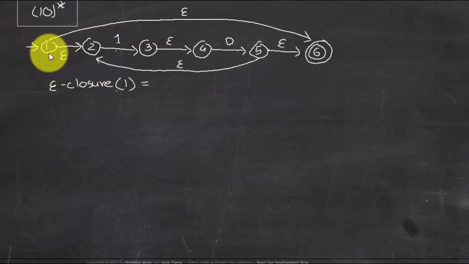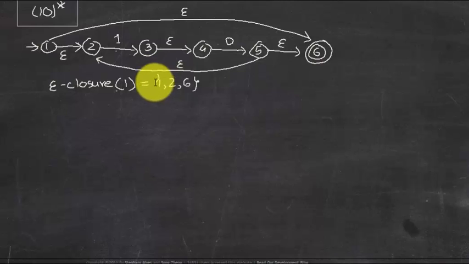This is a convention, a hard and fast rule that you need to know: using epsilon transition, it goes to the states that are given in the diagram, and also it goes to itself. It would go to itself no matter what, even if there are no epsilon transitions given. So for the e-closure of 1, the states we go to are 1, 2, and 6.